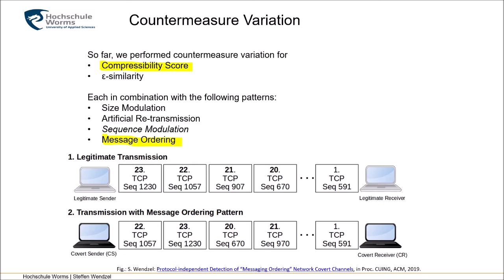Slight reminder, how does the message ordering pattern work? In a legitimate transmission, most of the segments of a TCP flow would be in order. This works also for other protocols, but TCP is the perfect example to explain it.